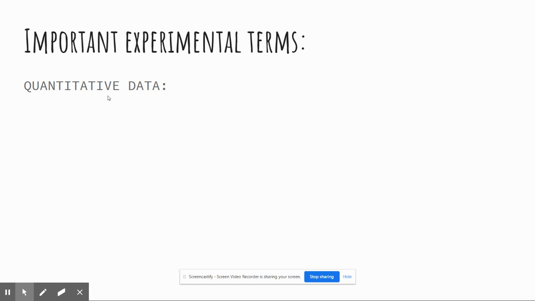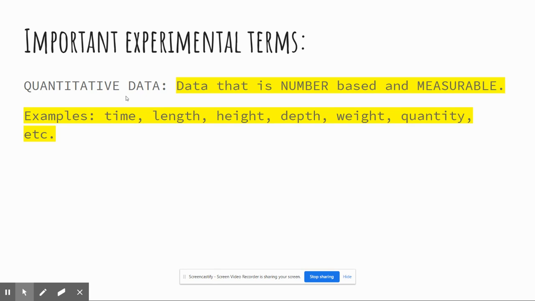If you have a quantity of something, that's the number amount that you have. Quantitative data is all number data, okay? It's data that has a specific number. It is measurable. This would be like time. You can record a specific time. The length of something, you can use a ruler. The height of something, you could use a meter stick to find it. It's a number. The depth, the weight, you could put it on a scale.